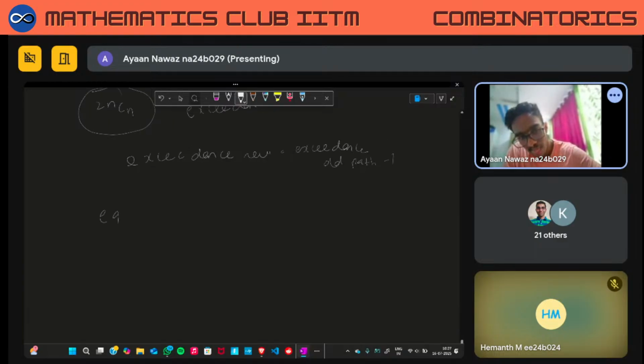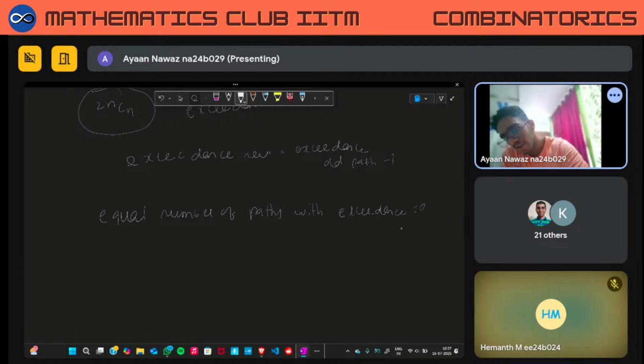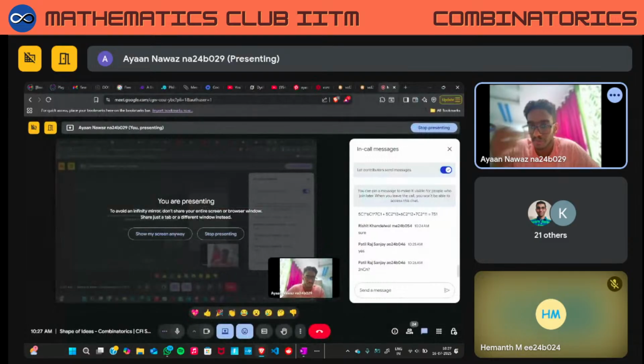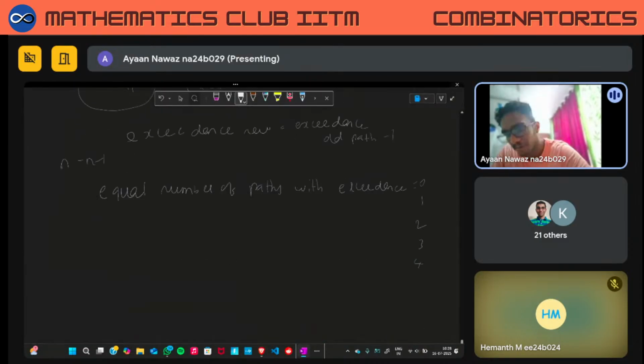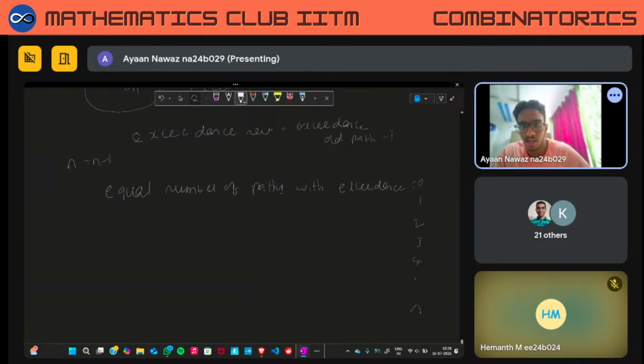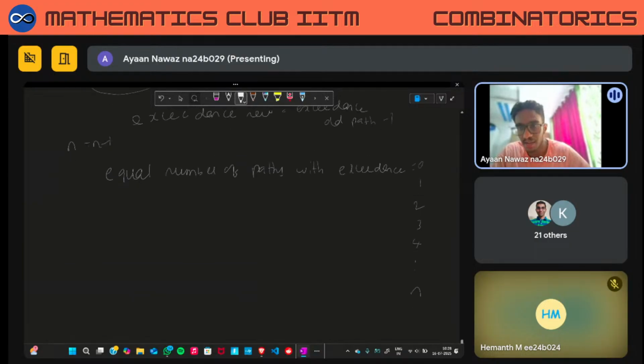If you continue doing this, we will understand that there are equal numbers of paths with exceedance equal to 0, 1, 2, 3, and so on, because the number of paths of exceedance n is equal to the number of paths of exceedance n minus 1. Exceedance is the number of down steps below the x-axis.